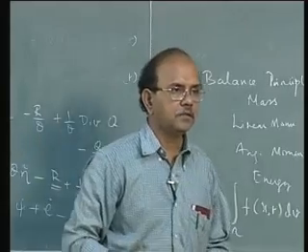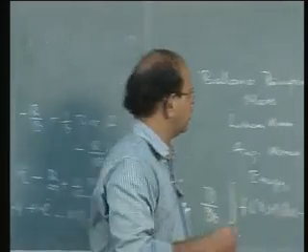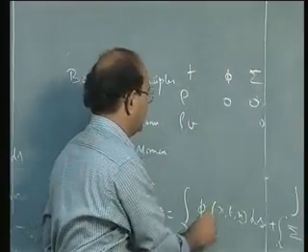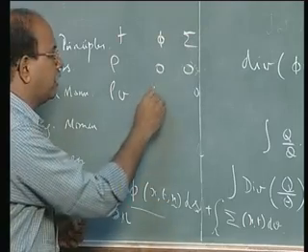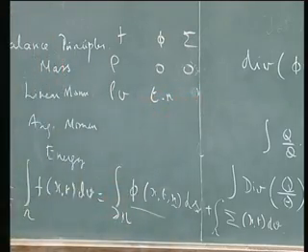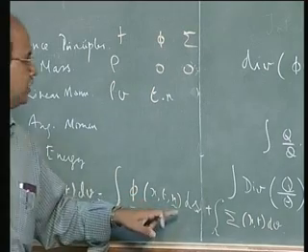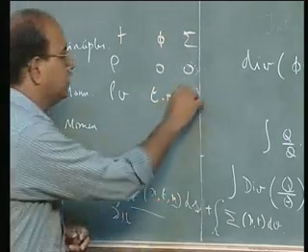For linear momentum, what we have is rho v, and you replace phi by t dot n, and sigma becomes b.